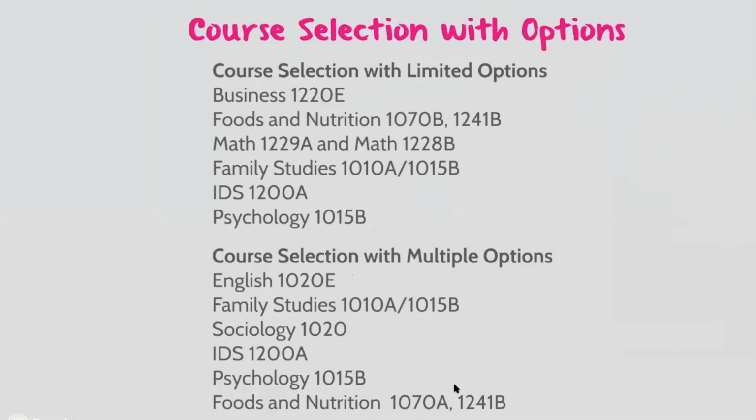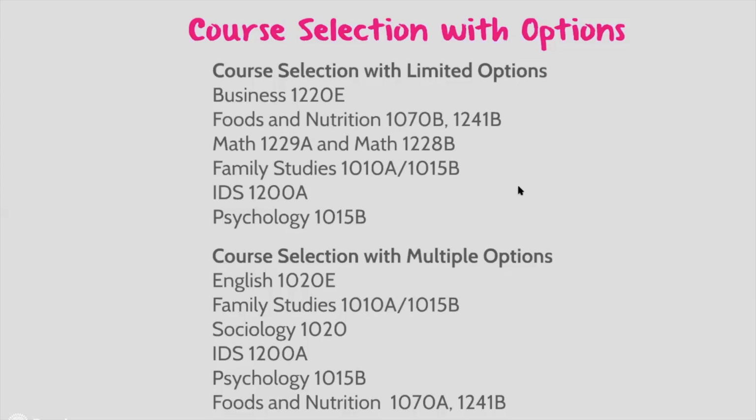So again, I've talked a little bit about keeping your different doors open when you're going into second year. So I've just given a couple of examples, one course selection with limited options and one with multiple options. So at the top here, this person has selected business, food and nutrition, math, family studies, interdisciplinary studies, and psychology. So those are ones that this person's probably interested in, possibly a food management module.